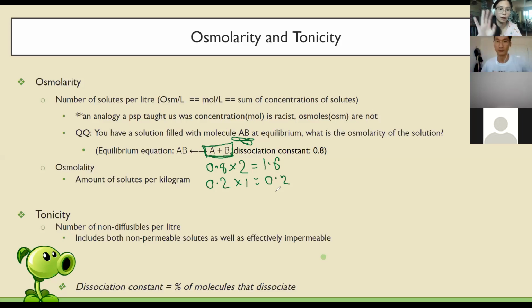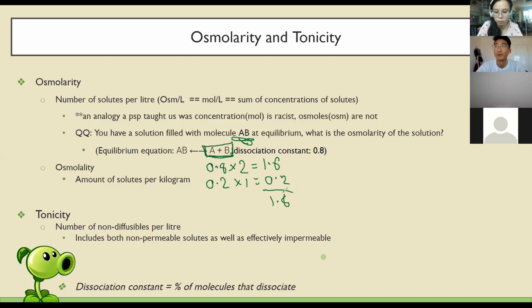So really what they're trying to say, I think, is when you're looking at concentration, it's referring to the concentration of a specific ion. So if you're looking at the concentration of, let's say, chlorine, that's just 150 millimoles per liter. But when you're looking at osmolarity, it's referring to all the ions in the solution.